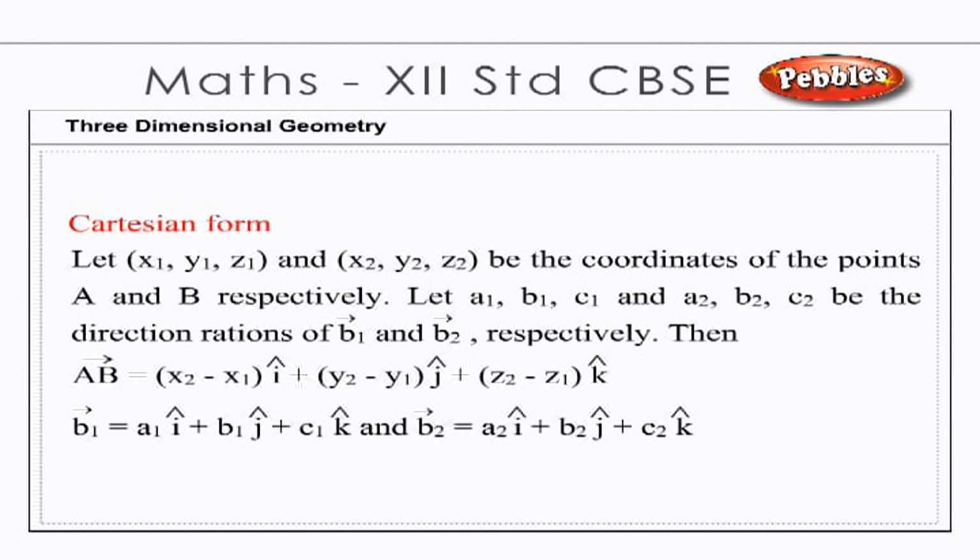Cartesian form. Let (x1, y1, z1) and (x2, y2, z2) be the coordinates of the points A and B respectively. Let a1, b1, c1 and a2, b2, c2 be the direction ratios of vector B1 and vector B2 respectively. Then AB = (x2 - x1)i + (y2 - y1)j + (z2 - z1)k, B1 = a1 i + b1 j + c1 k and B2 = a2 i + b2 j + c2 k.